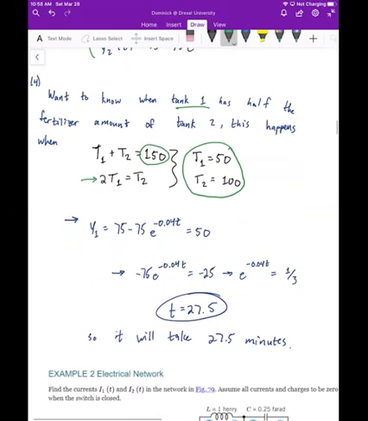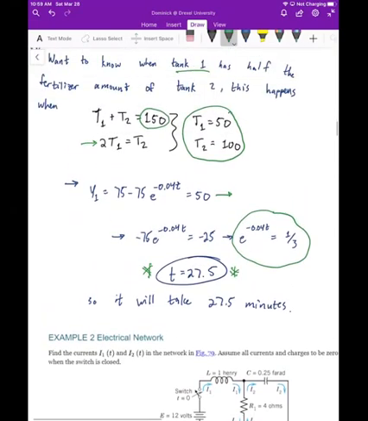So now we want to know when y1 is equal to 50, because that's when the amount of fertilizer in tank 1 will be 50 pounds. If we solve that, you're eventually going to solve that e to the negative 0.04t is equal to 1/3, which allows us to get to t equals 27.5.